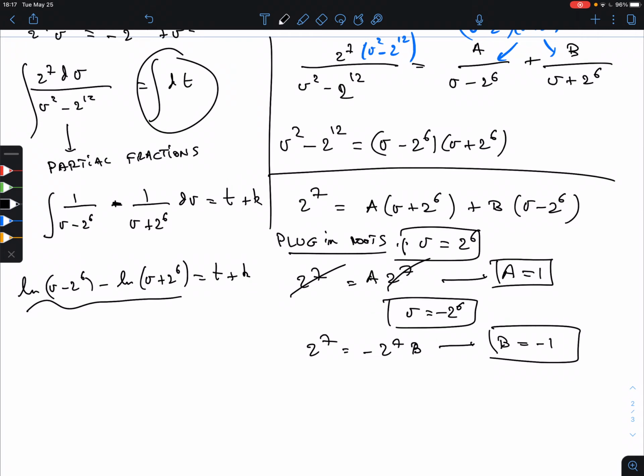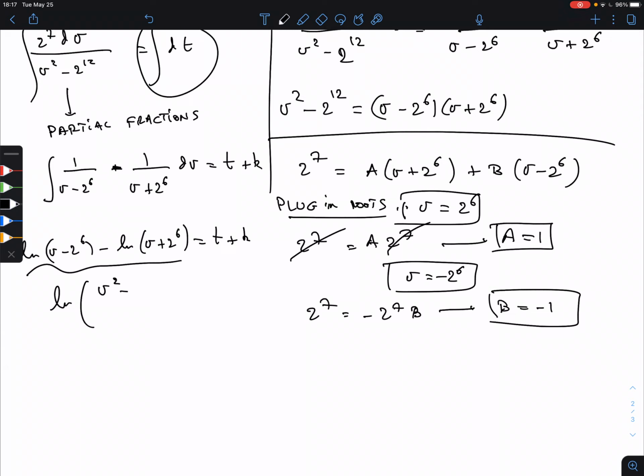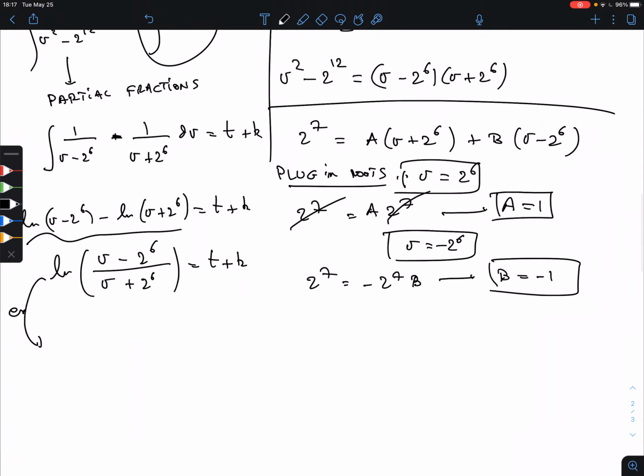We know that we have to combine this ln because we have to solve for v, so we have to bring everything v together. The difference of ln's is taking the ln of v minus 2 to the 6th divided by v plus 2 to the 6th, that is equal to t plus k. Now we exponentiate.